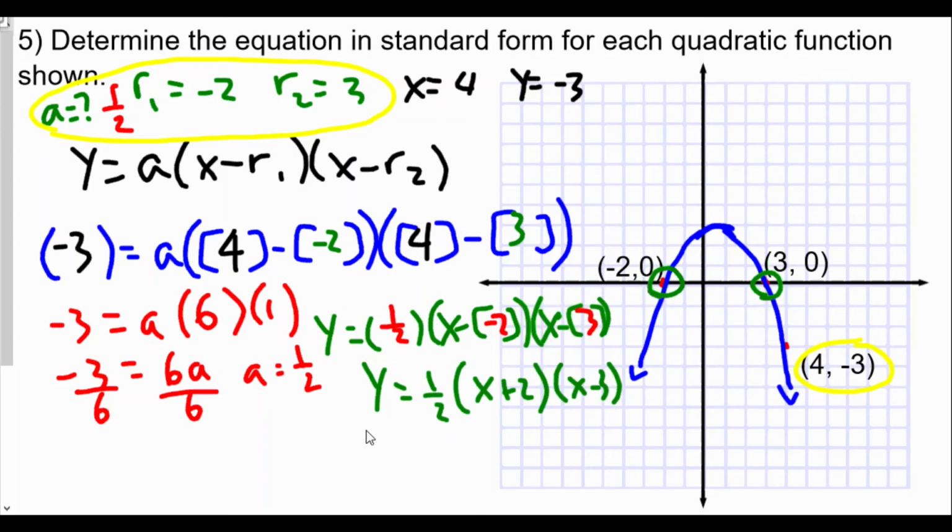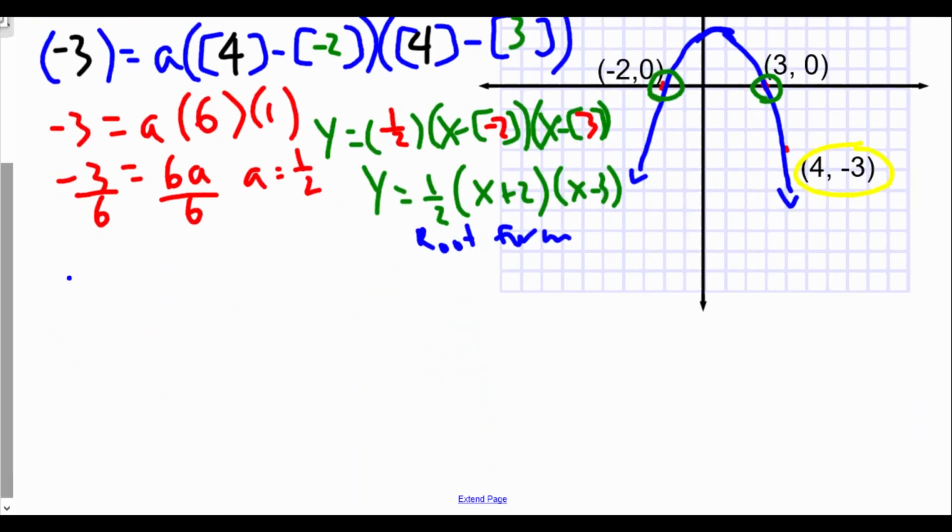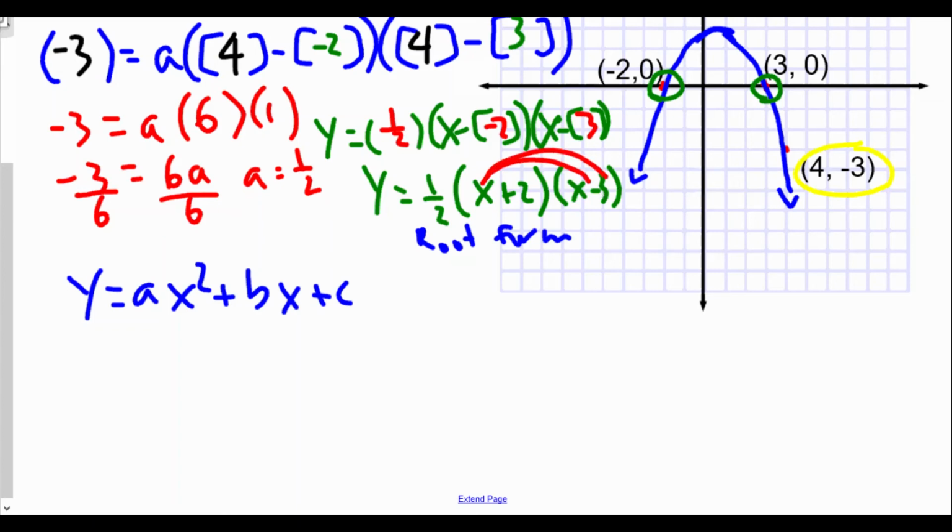Now, to rewrite this in standard form, all we're going to do is distribute, because this is root form. Standard form is y equals ax squared plus bx plus c. So we're going to distribute here: x and x and -3, 2 times x, and 2 times -3.